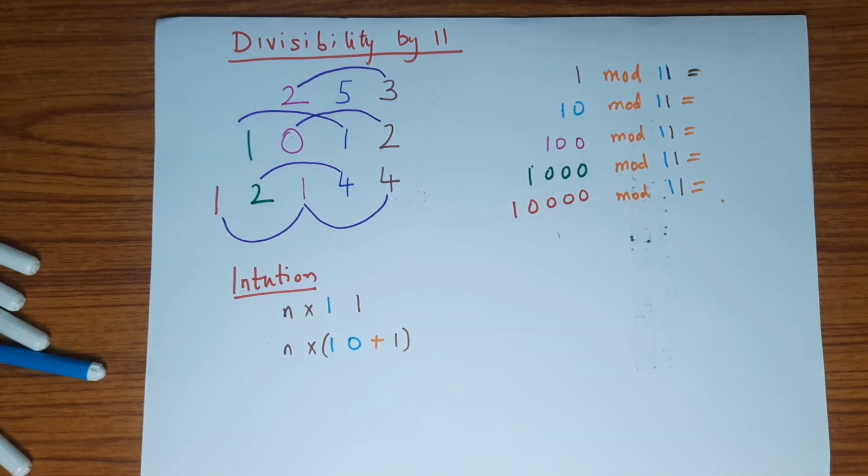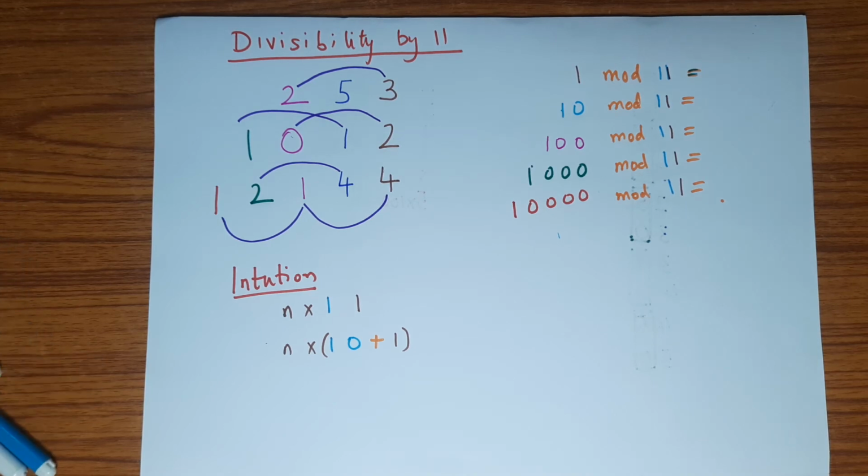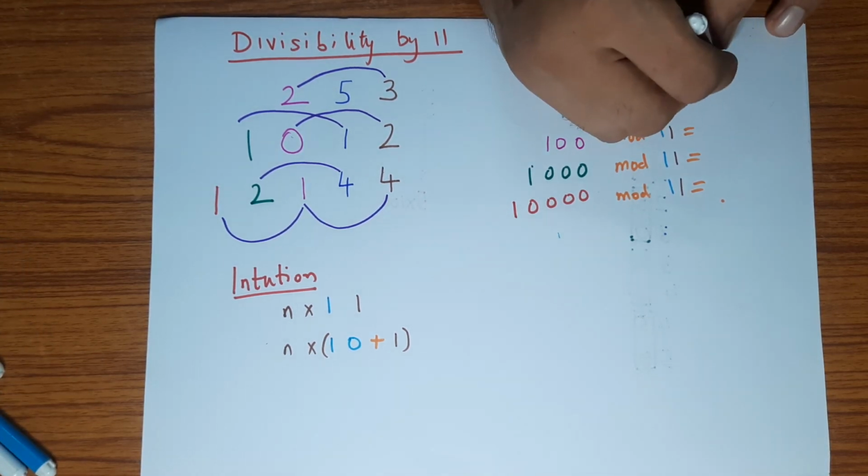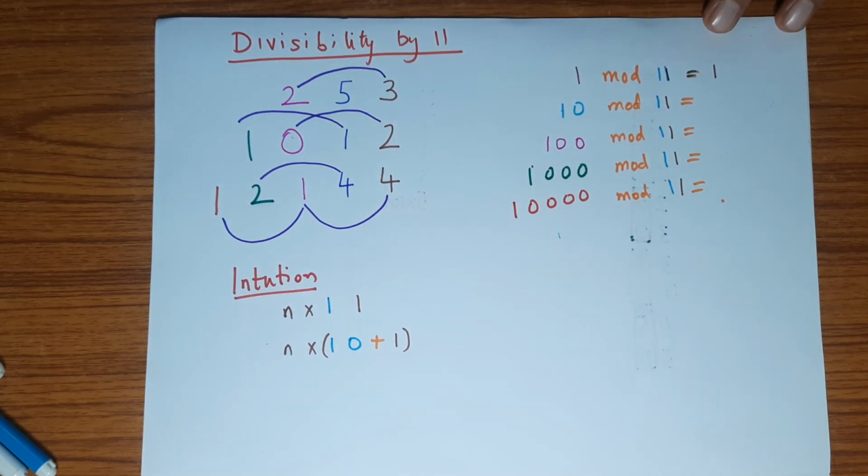So the rigorous proof, so to say, is very curious. And the curious thing is that when you have 1 and you take a mod of 11, then of course 1 is alone. So you take 0 times 11, the remainder is 1. So this is straightforward.